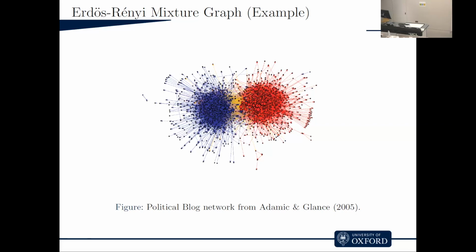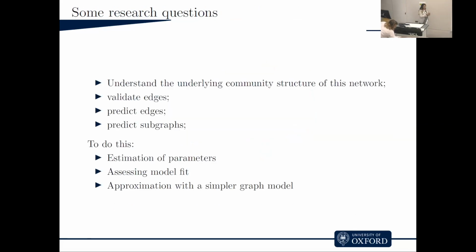So again, the color describes the type of the vertex. The red ones are the edges between conservative blogs, blue ones are edges between liberal blogs, and the orange ones are the edges between one liberal and one conservative blog.